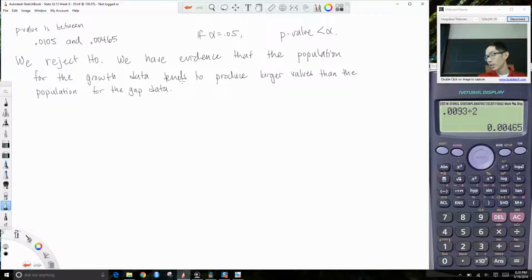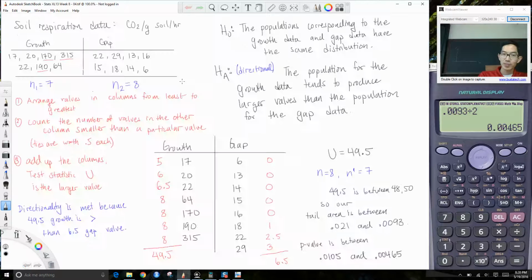The table for the Wilcoxon Mann-Whitney test is generated from looking at all the possible distributions of two samples of data, and how these values can come about, and how likely a value like 49.5 would happen from random chance.